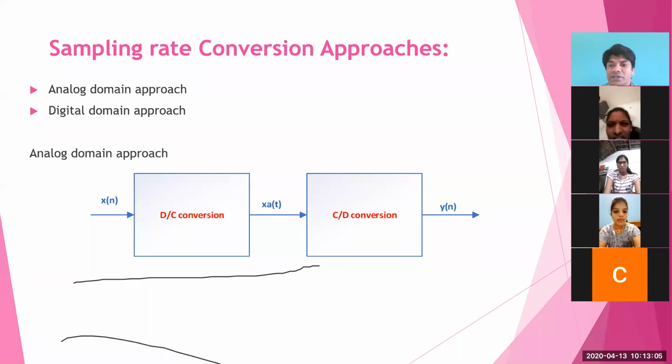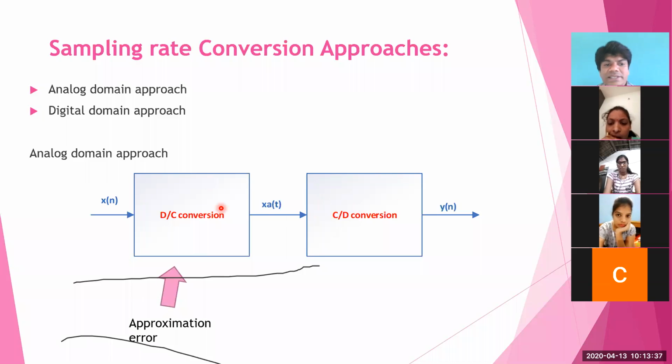What we do is that we first convert the signal from digital domain to analog domain, this particular block, and then we use a new sampling rate to convert as per our requirement.